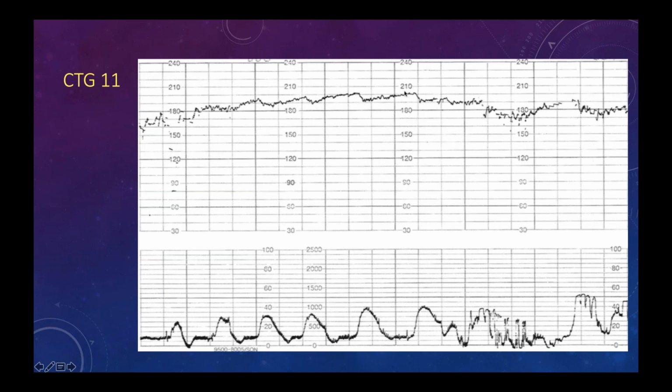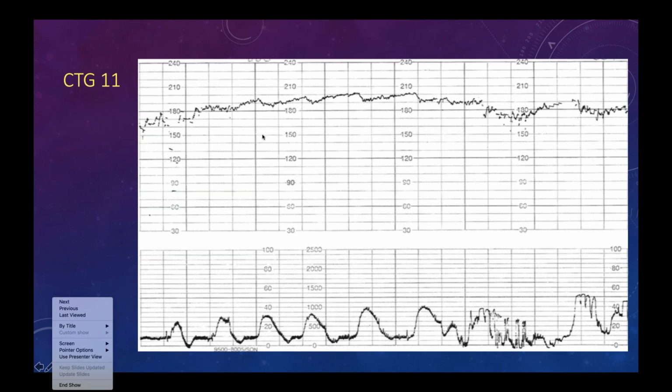Variability is 5 beats, slightly reduced, less than 5. No accelerations, ma'am. And there is no decelerations also.